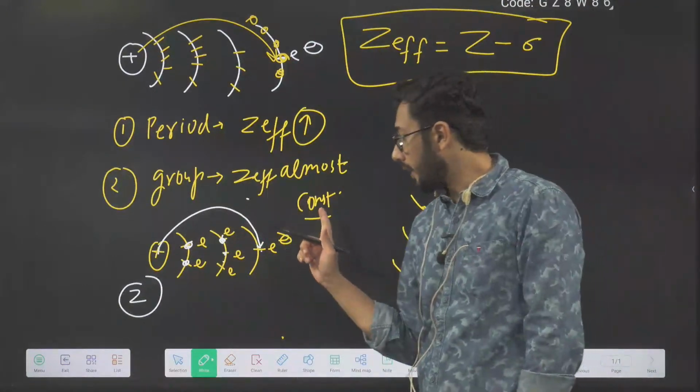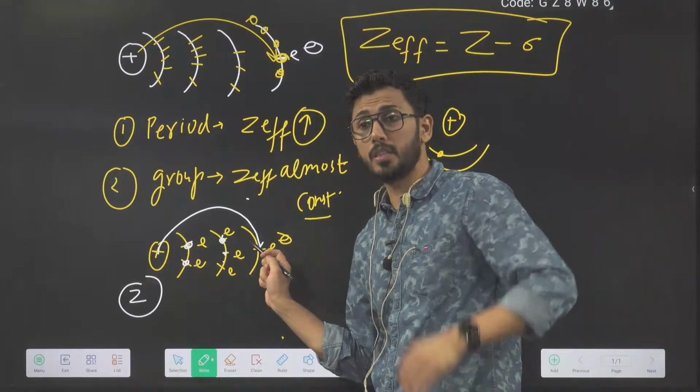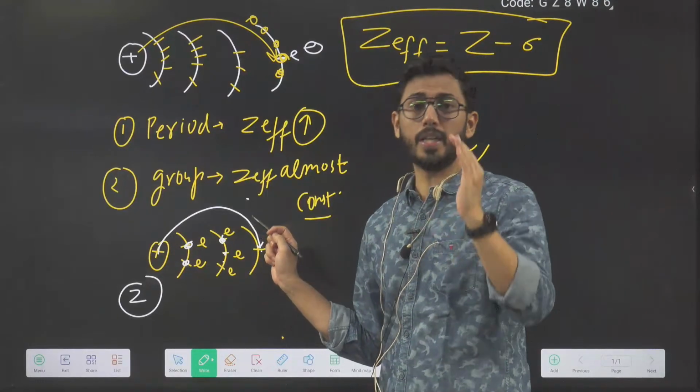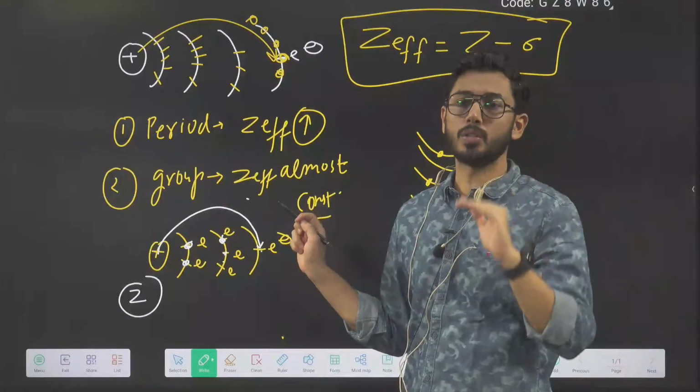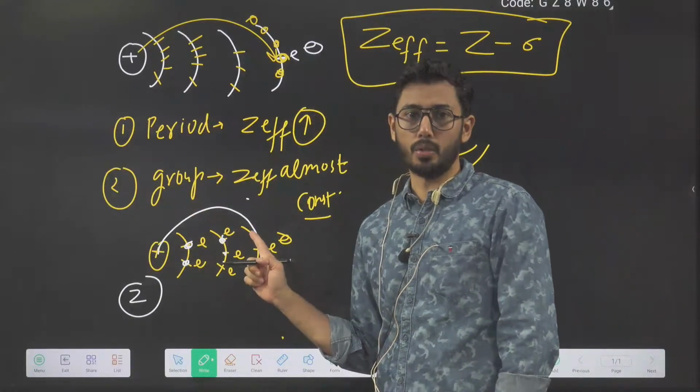That is why the valence shell electron experiences less attractive force, or some less positive charge of the nucleus, due to these inner shell electrons.